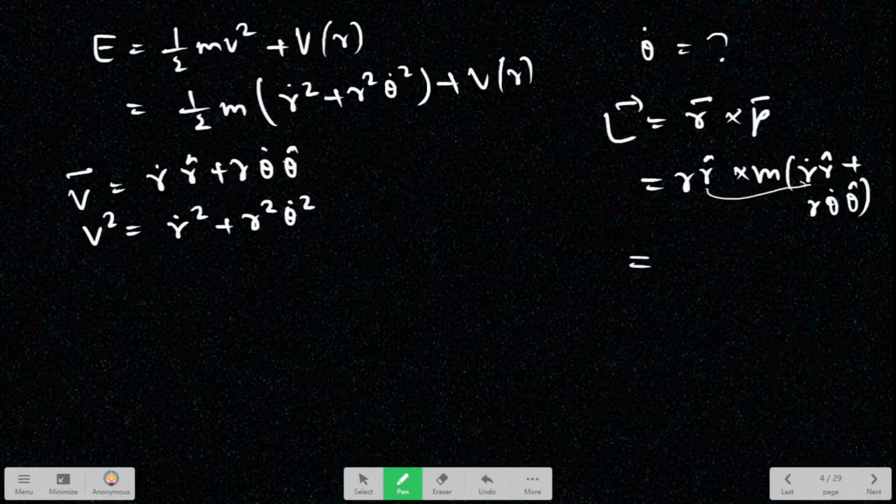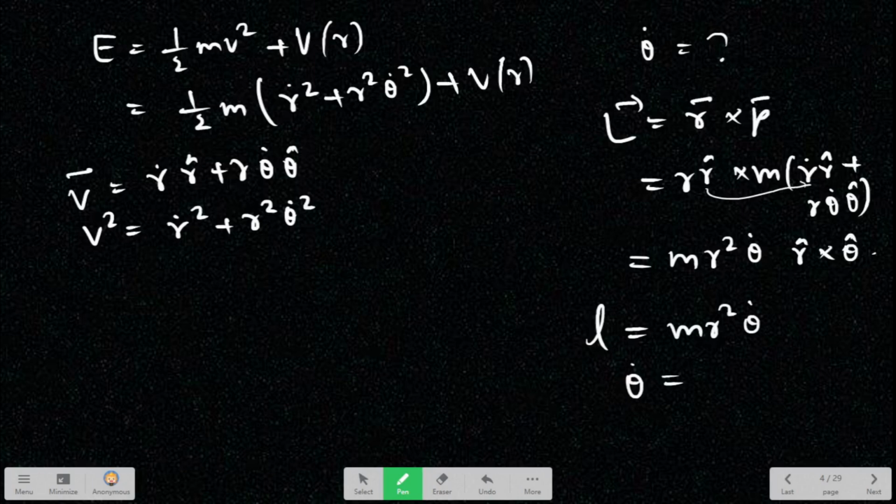From the second term we have m r square theta dot times r cap cross theta cap. We are only concerned about the magnitude, so the magnitude of angular momentum L is equal to m r square theta dot. From here theta dot is equal to L divided by m r square, so theta dot square is equal to L square divided by m square r raised to 4.